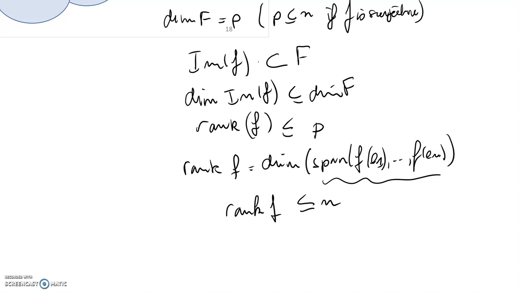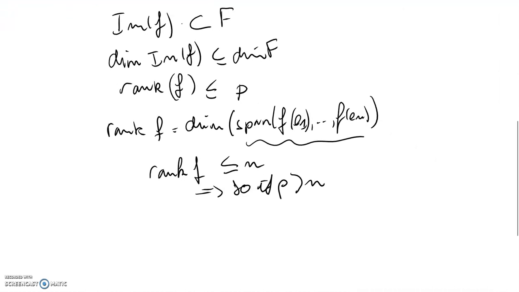And if I had p strictly bigger than n, I would be sure that f can't be surjective. Why?